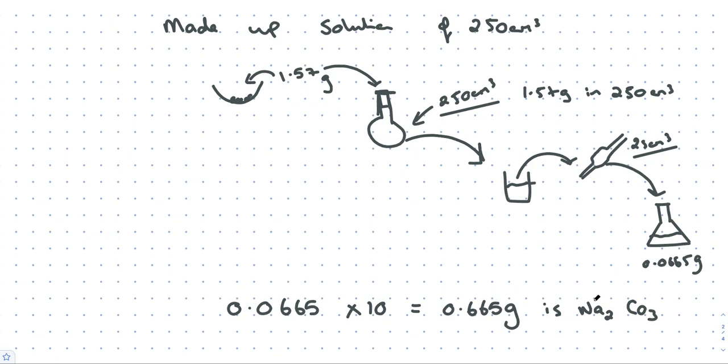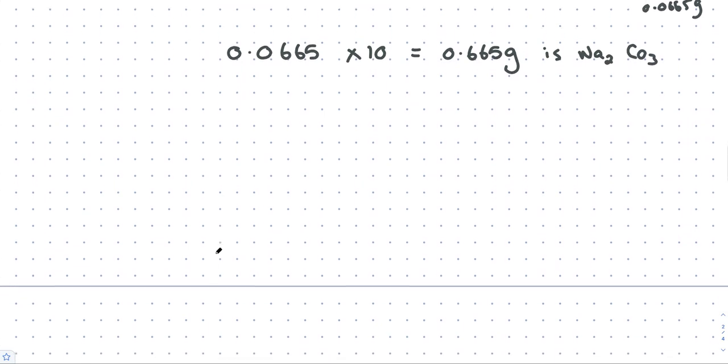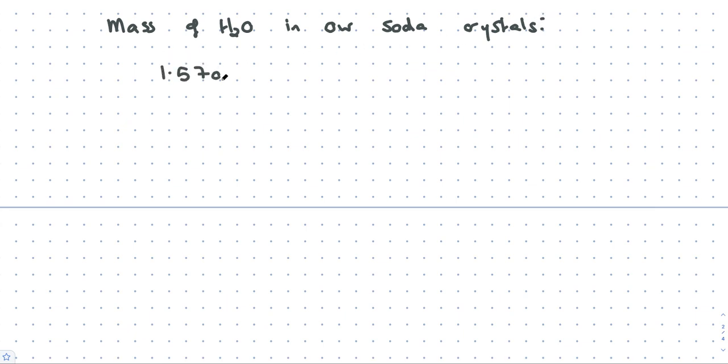So now what I want to do is figure out the amount of water. So we're going to go mass of H2O in our soda crystals. I know that I originally weighed out 1.57 grams, but of that 1.57 grams, 0.665 grams of it is actually sodium carbonate.